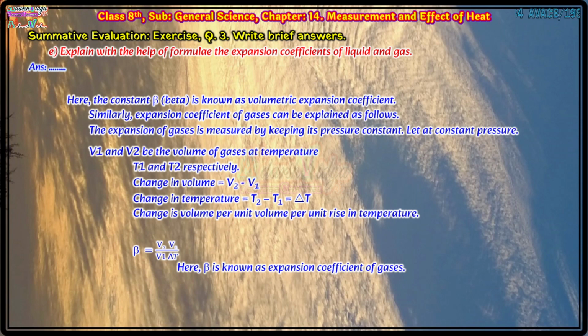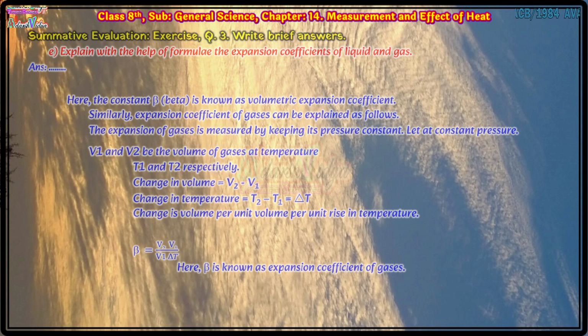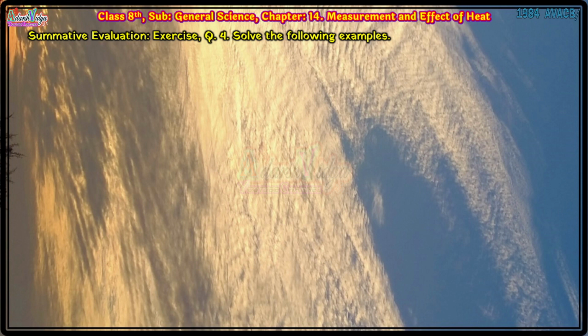Change in temperature equals T2 minus T1, equals ΔT. Change in volume per unit rise in temperature, alpha equals (V2 minus V1) / (V1 ΔT). Here, alpha is known as the expansion coefficient of gases.